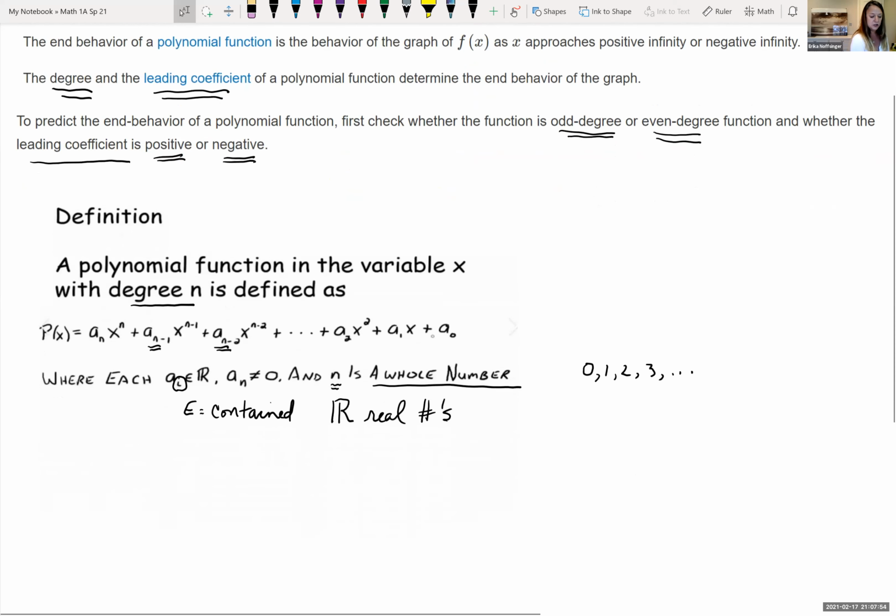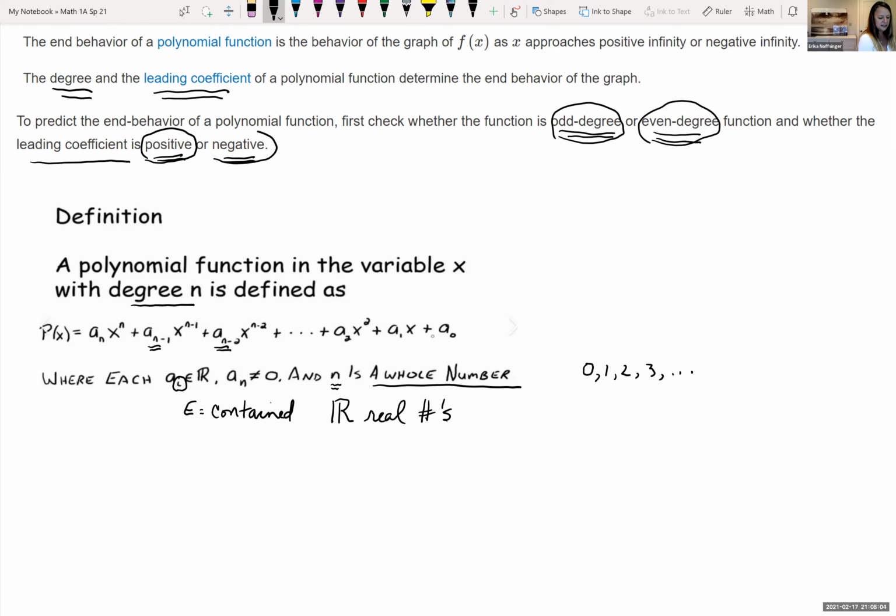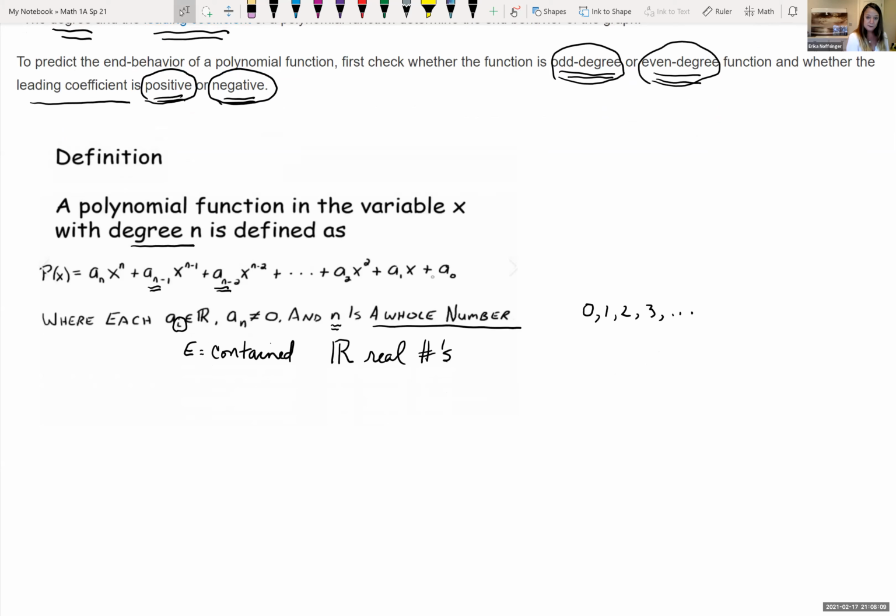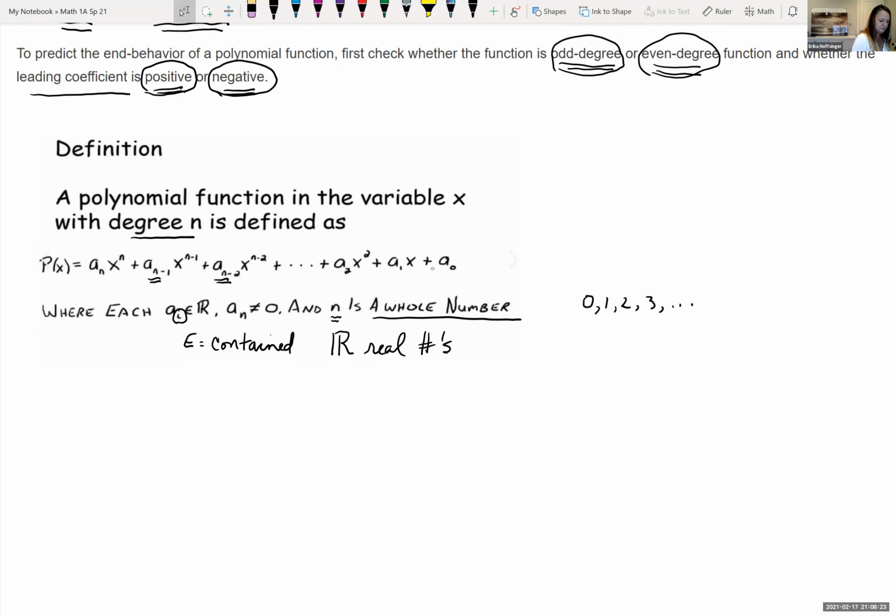And once you look at the degree, you're determining, is that degree an odd number or is that degree an even number? Is that coefficient in front of it positive or is it negative? So let's look at the 4 different cases. Let's say that a sub n, we have 2 different cases. We're either going to be a positive number or a negative number.